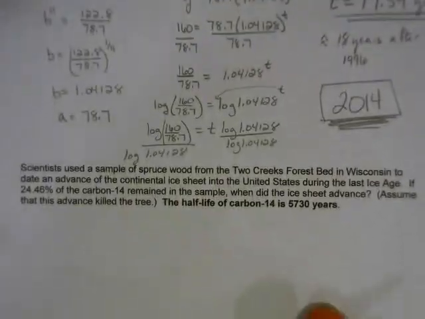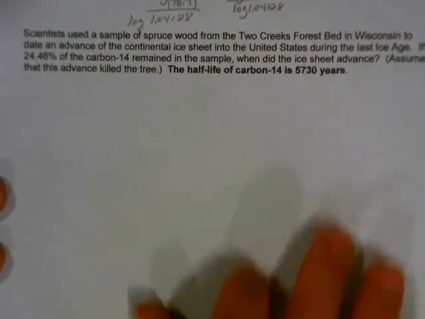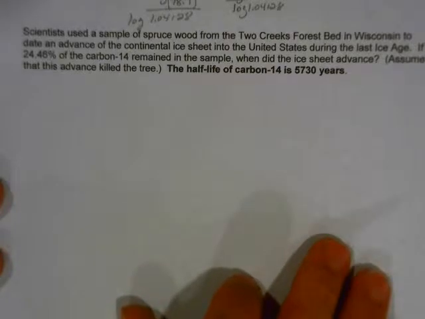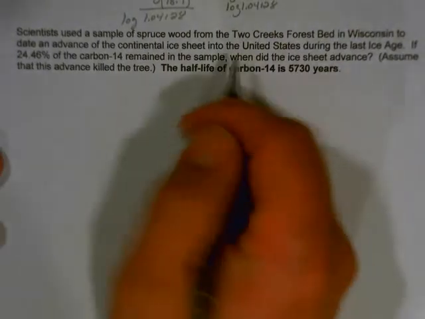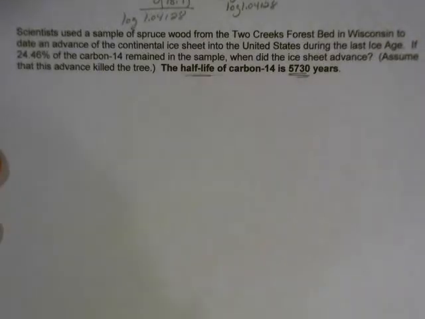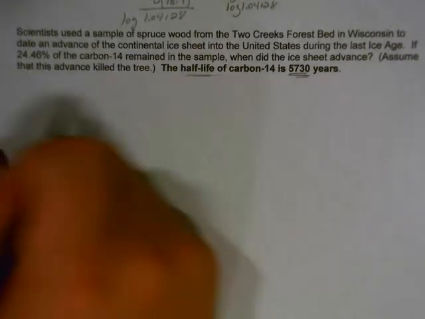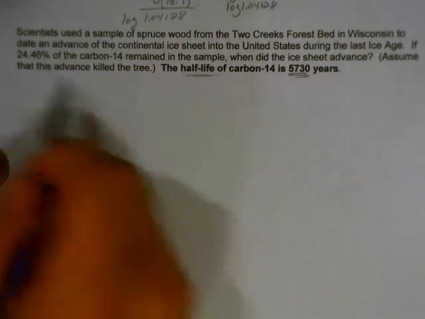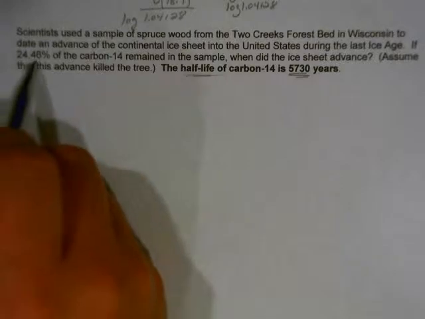Our next problem, if you remember, we have a half-life. Here the half-life of carbon-14 is 5,730 years. We want to know how long it takes for this to decay to 24.46%.